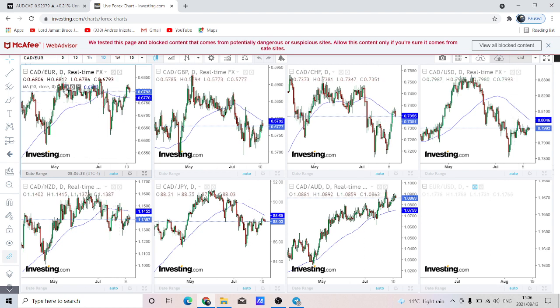CAD versus Euro is up. CAD versus GBP is down. CAD versus Swiss now is neutral. CAD versus USD is down. CAD AUD is up. CAD JPY is down. So it's up and down overall.